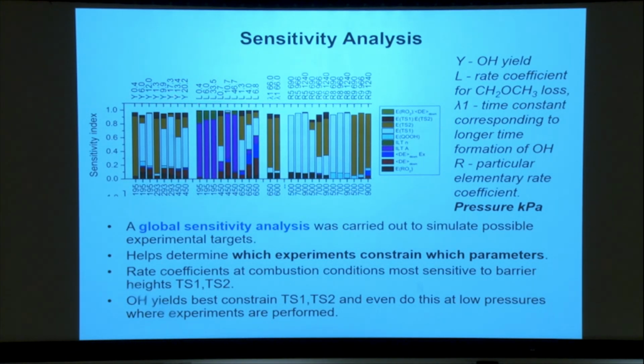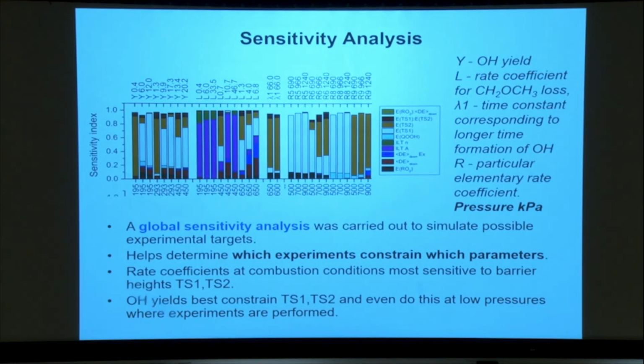But the useful thing is, particularly for the OH yield, if we try to predict the OH yield, which is linked to our experimental conditions, then the sensitivity is to exactly the same two parameters, so to these two transition states.